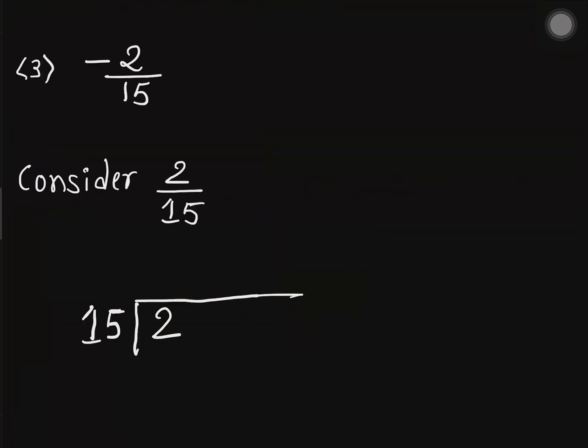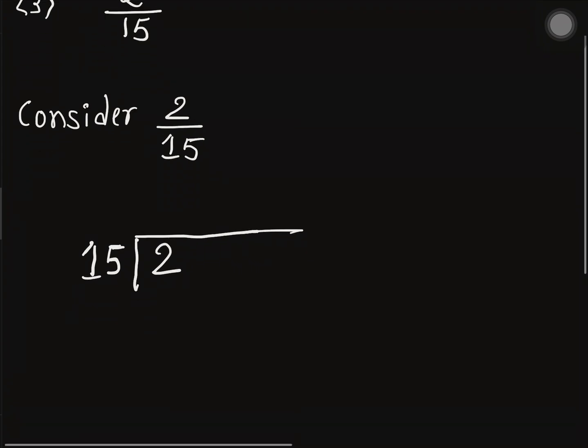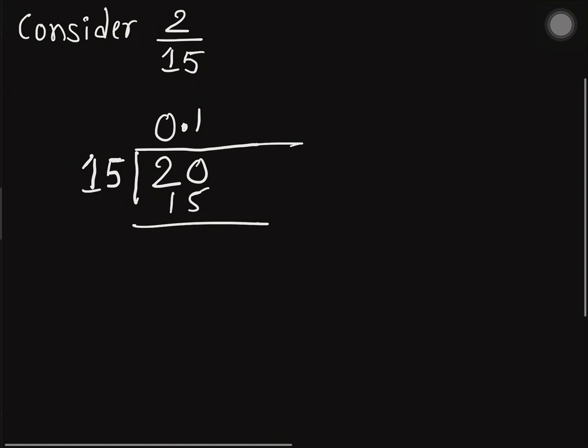Now consider the negative one, minus 2 by 15. To find the decimal expression of negative fractions like minus 2 by 15, consider the positive 2 by 15 and then find the decimal expression of 2 by 15. As 2 is less than 15, we put 0 here. 0 point. 15 ones are 15. 20 minus 15 is what? 5.